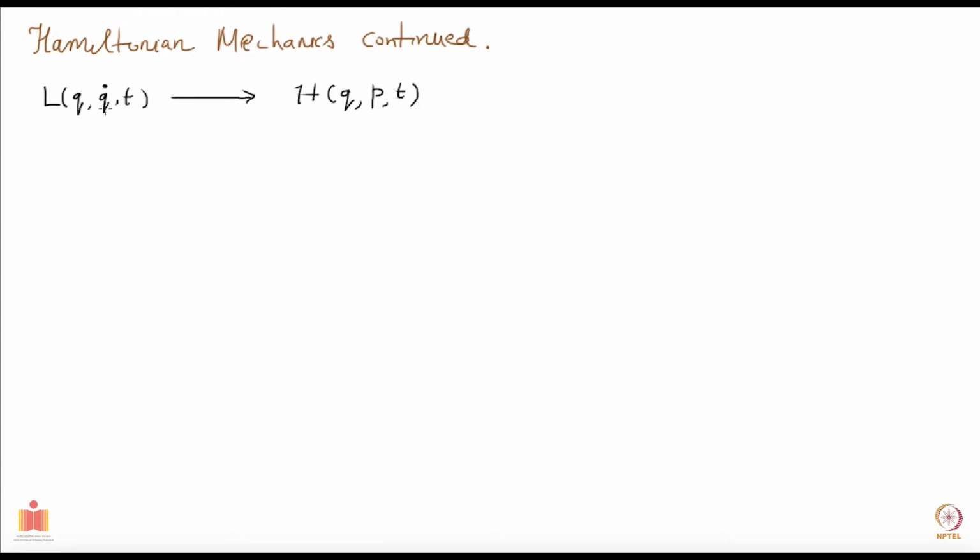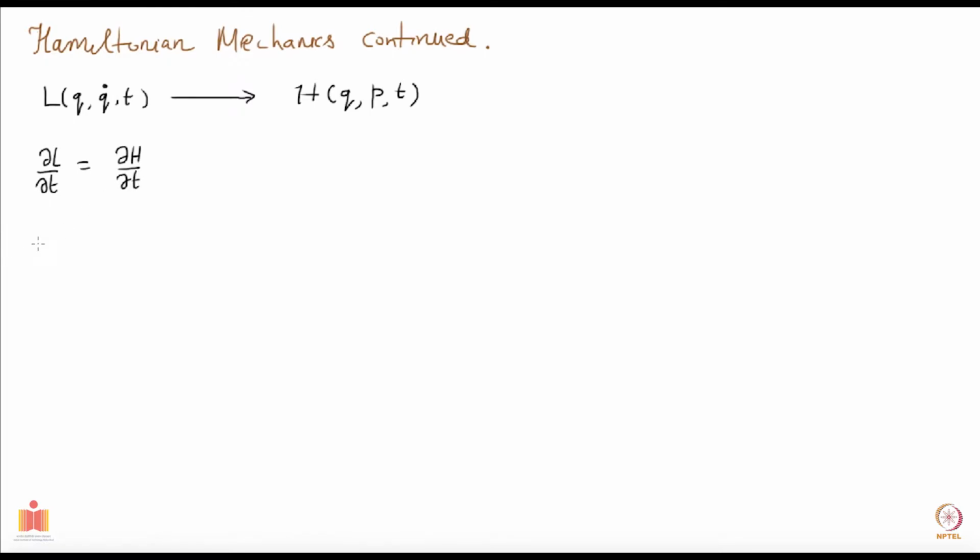When we went from L to H, we had the following relations which were true. One is ∂L/∂t is the same as ∂H/∂t, so the partial derivatives of L and H with respect to time are equal.